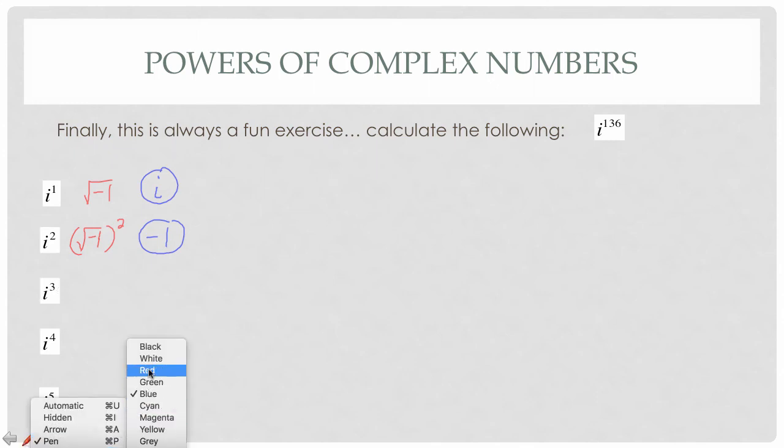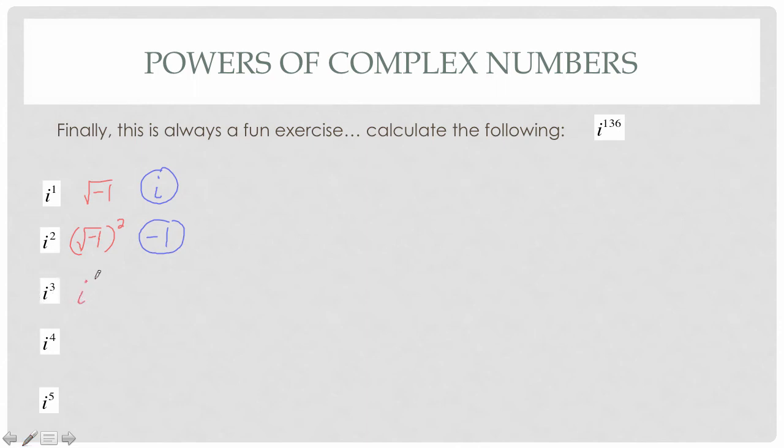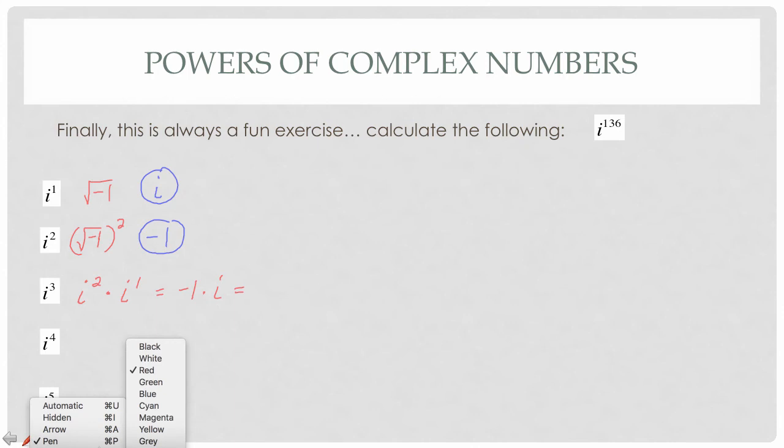Well, we get to use some of our exponent properties. I can rewrite i to the third as i squared times i to the first power, right? But I already know i squared is negative 1. We've already defined that. So that becomes negative 1 times i, which is just negative i.